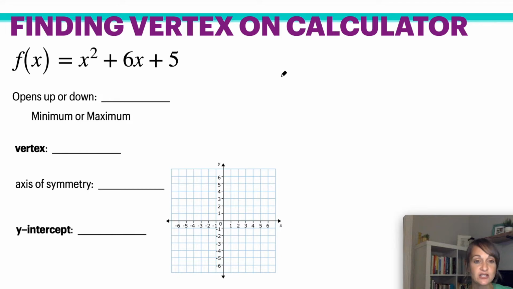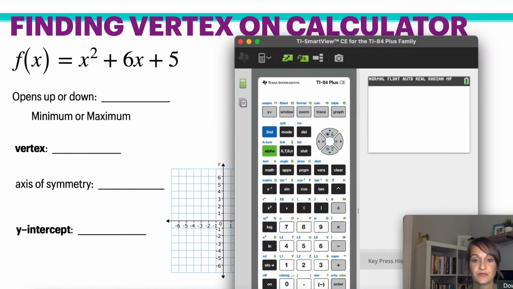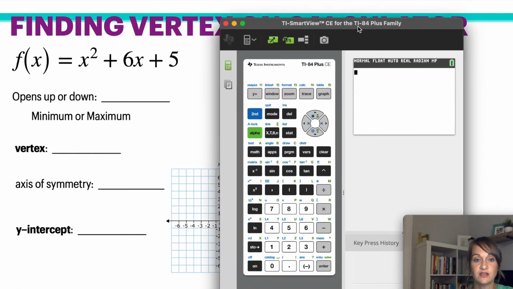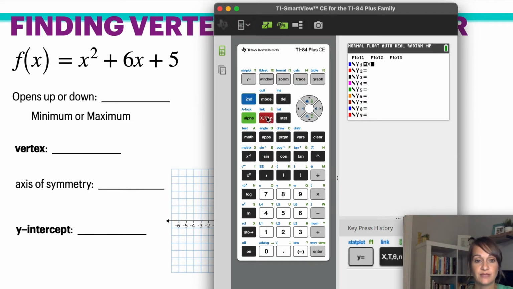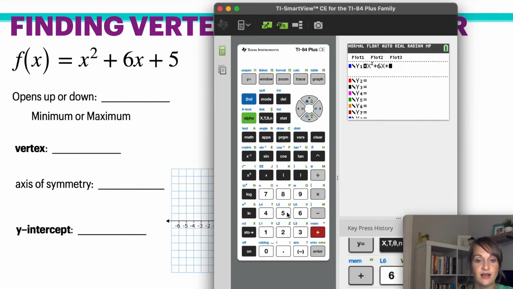Now you can actually find the same thing on a calculator. If we were to pull up a graphing calculator and go to y equals, we would be able to graph this. So you would enter x squared plus 6x plus 5.